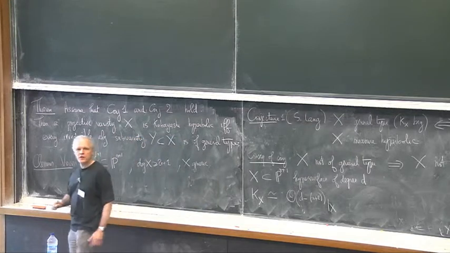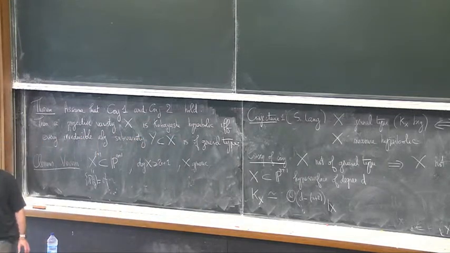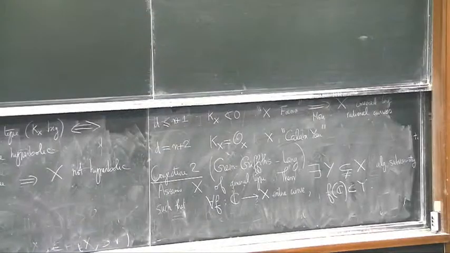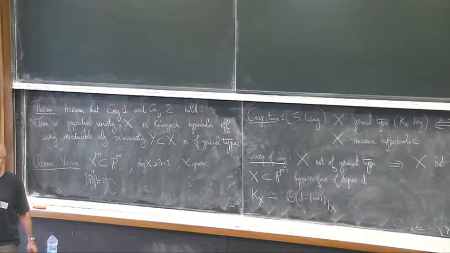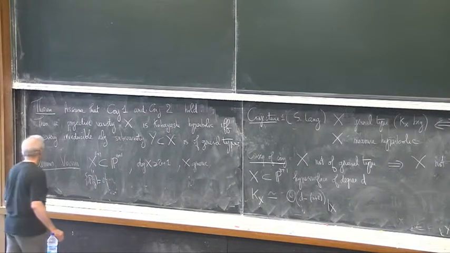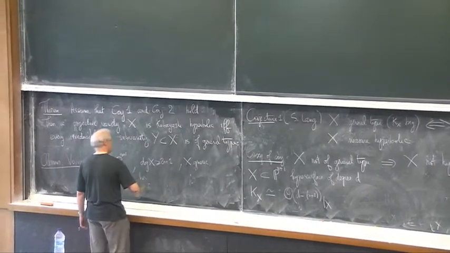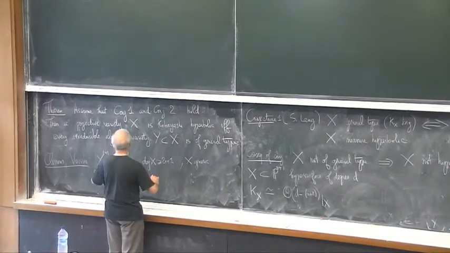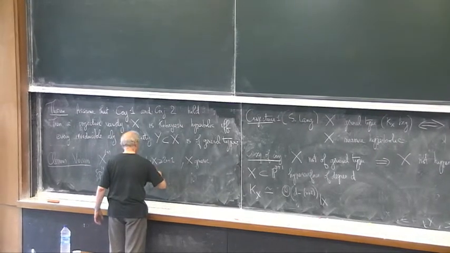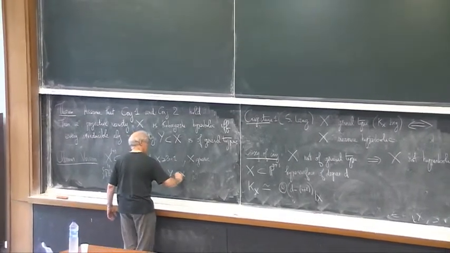Then X has the property that all algebraic subvarieties are of general type.